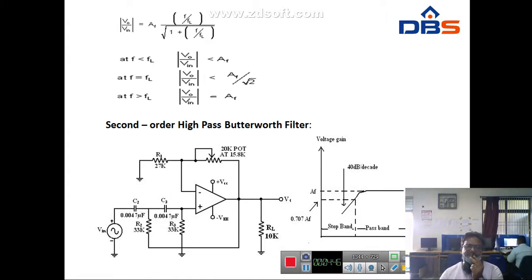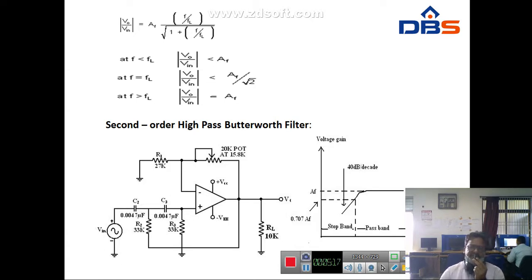In this case, if f is less than fL, the magnitude of the voltage gain V0/Vin is less than the filter gain AF. If f is equal to fL, the magnitude of V0/Vin is equal to AF by root 2.